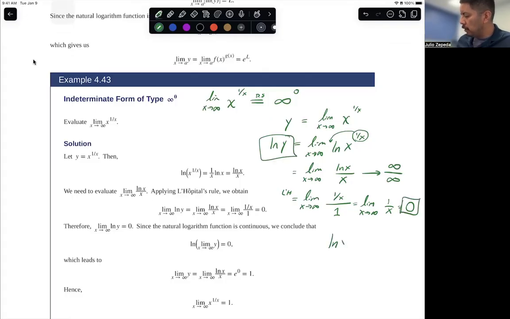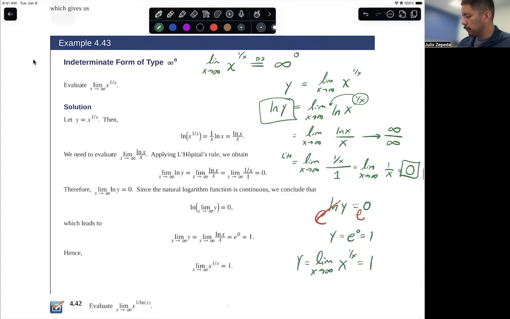The way that we solve this equation is by exponentiating both sides. So y is equal to e to the 0, which is equal to 1. So the limit, y equals the limit as x approaches infinity of x to the 1 over x, is equal to 1. Nice.